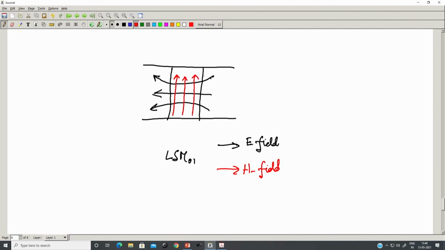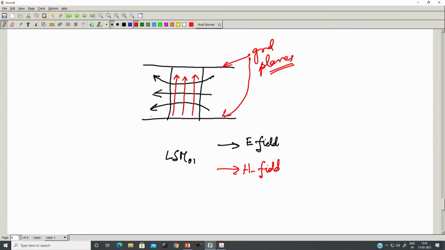Essentially, because the electric field is tangential to the ground plane, these are the two ground planes, it is in this direction.